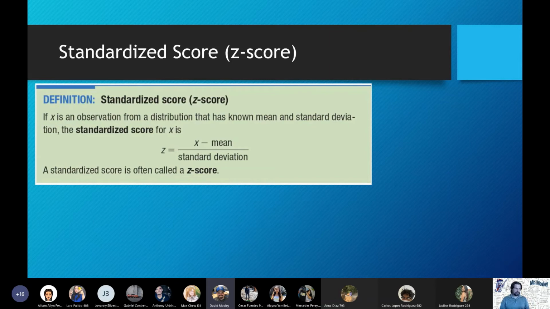A standardized score, or Z-score, is defined as: if X is an observation from a distribution that has a known mean and standard deviation, the standardized score for X is Z equals X minus the mean, divided by the standard deviation. A standardized score is often called a Z-score.